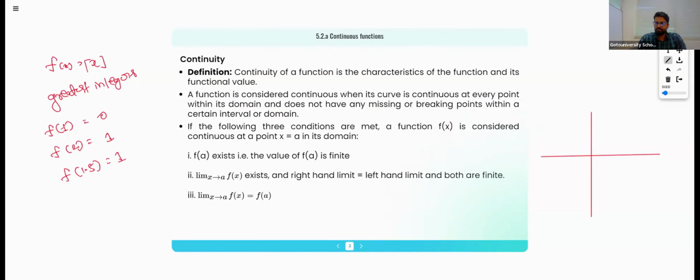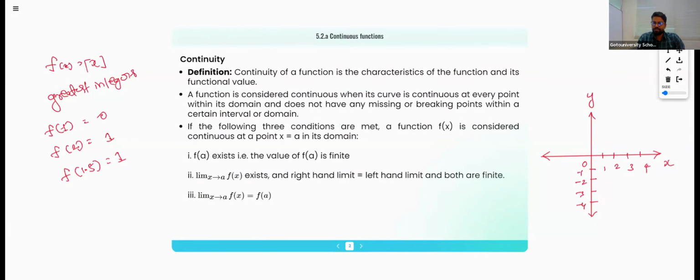let me name the numbers. Okay, this is 0, this is the x-axis, y-axis, this is 1, 2, 3, 4. So how this function works is f of 1 is 0, right?